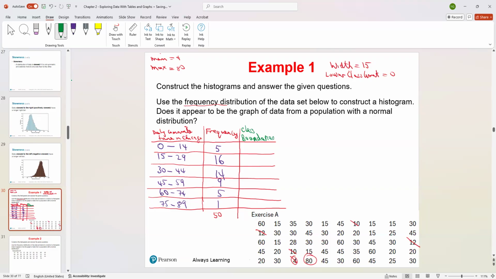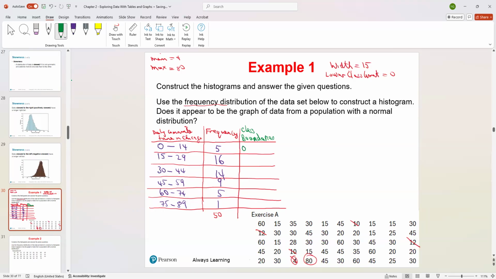For the class boundaries, usually you take 0.5 from each lower class limit and add 0.5 to the upper class limit, except when it starts with 0.